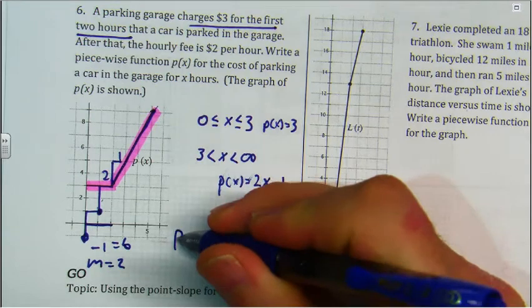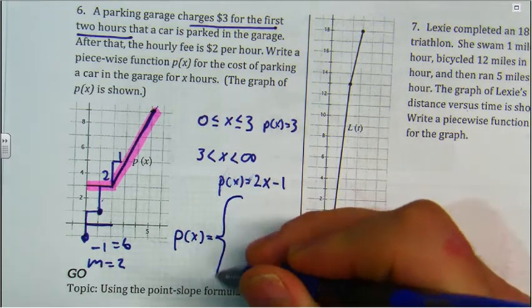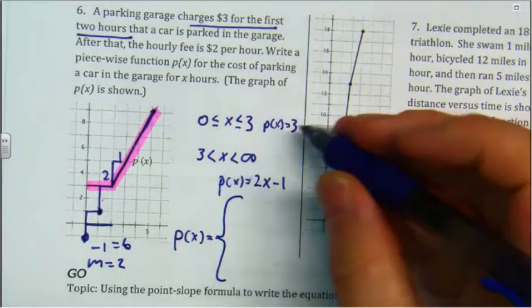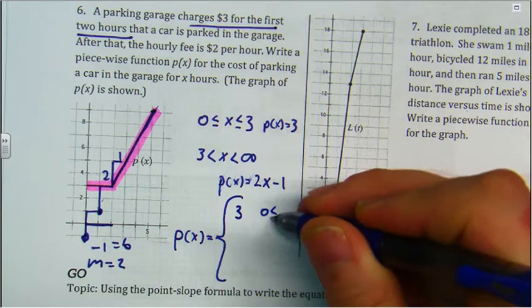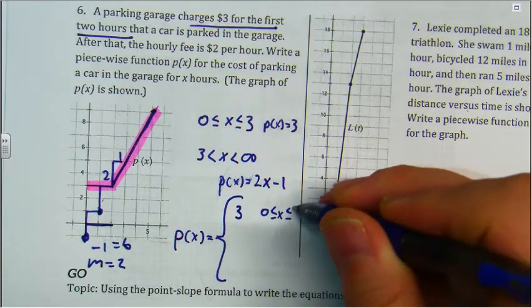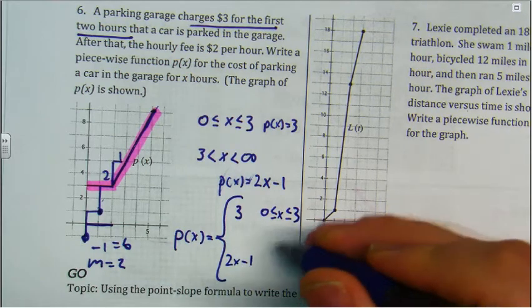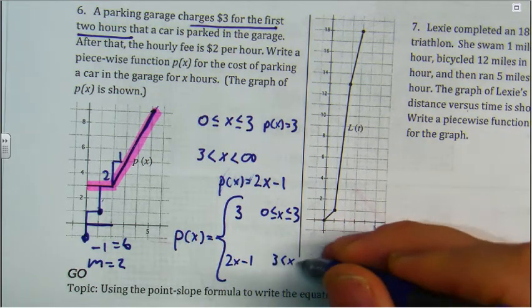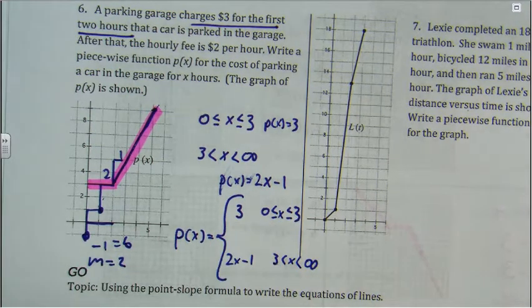So I would say that this is p of x equals, and then I would do this giant bracket thing. I say p of x equals 3 when 0 is less than x less than or equal to 3. And then I would say it equals 2x minus 1 when 3 to infinity. Okay, and so now we understand the piecewise a little bit better.